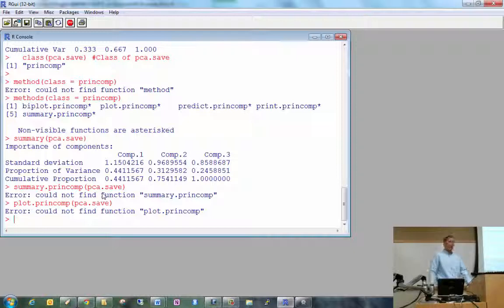Do plot dot what? Just substitute the princomp as pca.save. Well, yeah, I could do plot pca.save. I could do that, yes. But I should be able to access the method function directly. So I know it does actually exist. I think this was briefly mentioned in the introduction to R notes.